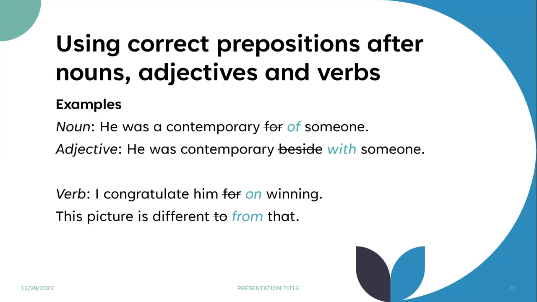Because a contemporary, which is a noun, is different from just contemporary, which is an adjective. Right. And then we have, "I congratulate him on winning," not "for winning." "This picture is different from that," not "to that."